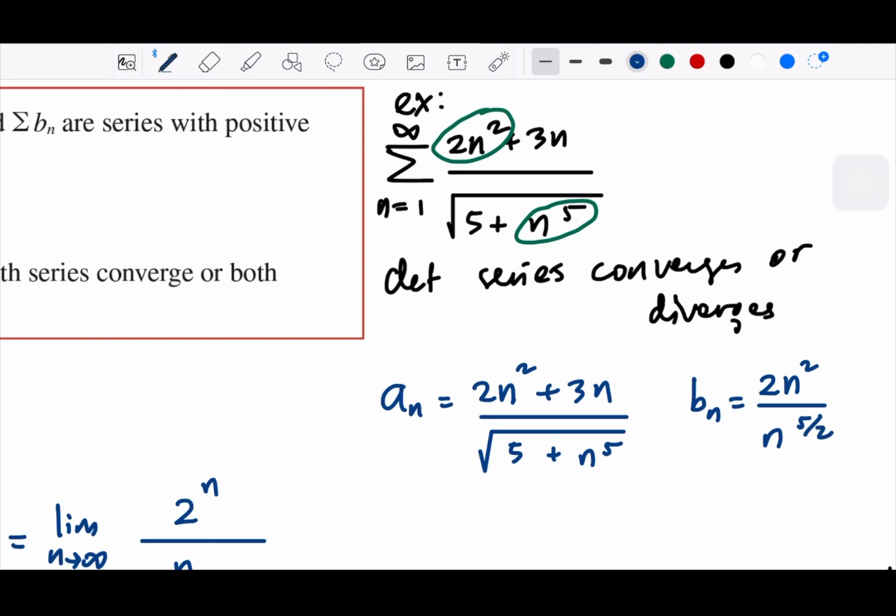And again, with the limit comparison test, we are not really comparing this. We just take these two as comparable formulations.